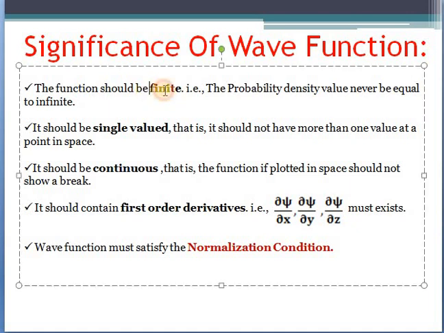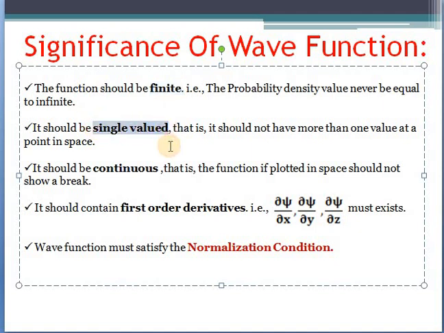You must get a finite value. That may be 0, not a problem, 0 to any value, but not infinite. So psi must be a finite value.